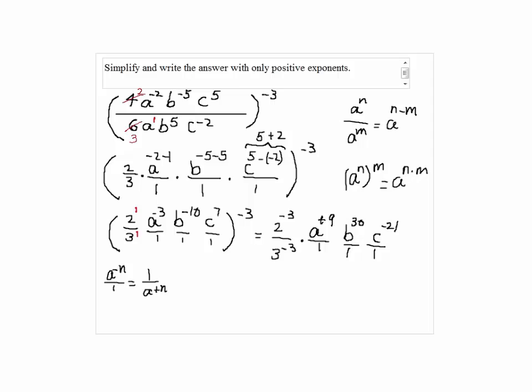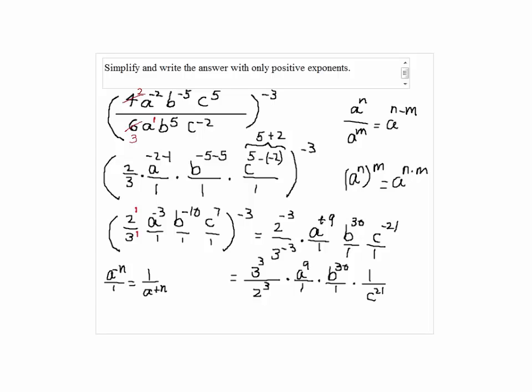You just have to move all the exponents so I would have a positive exponent for all of that. Again, recall a to the power of minus n over 1 would be equal to 1 over a to the power of plus n. So here I would get 2 to the power of positive 3 at the bottom of the fraction, 3 to the power of positive 3 at the top of the fraction.